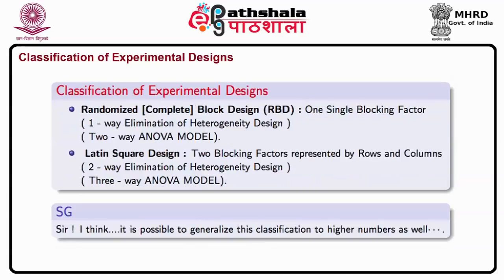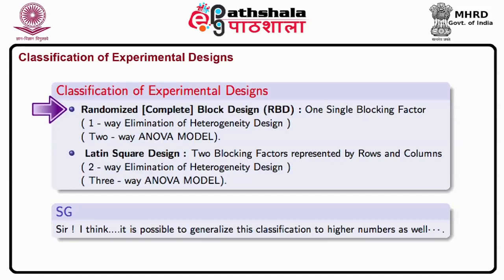Yes, sir. And the next concept is randomized block design or RBD. One single blocking factor is there, and it is a one-way elimination of heterogeneity design and two-way ANOVA model. That's why it is called block design, because there is only one blocking factor, you call it a block design. Then everybody will know that you are talking about blocks.